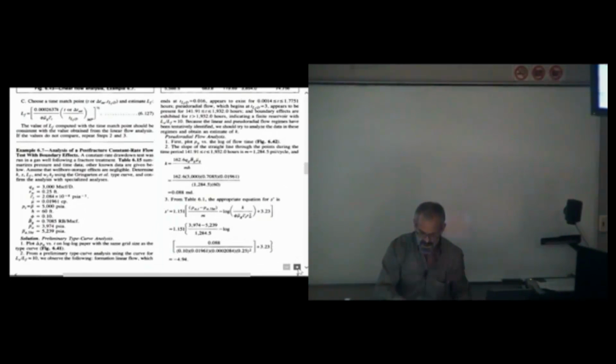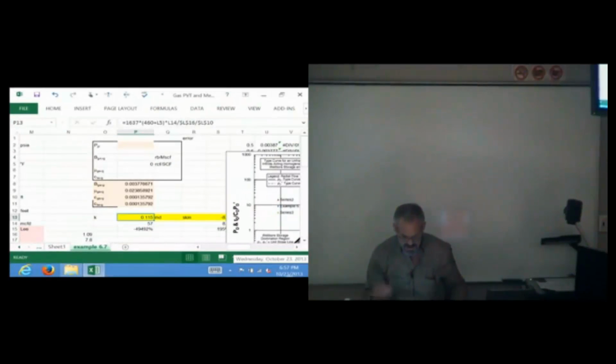Okay, so they got 0.088, and I get about 20% higher than the textbook did. Keep it in mind, I didn't use their constants for viscosity and compressibility. I used my own calculations of pseudo time, and I know that I'm using a different correlation for viscosity than the textbook.